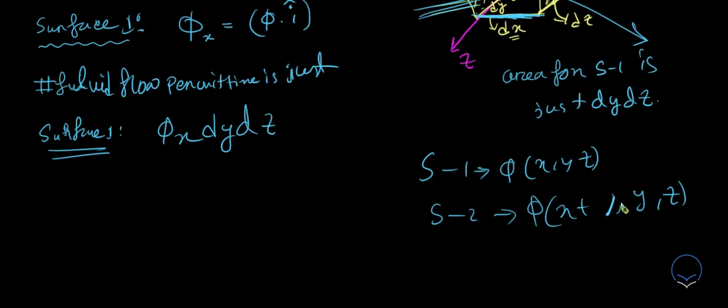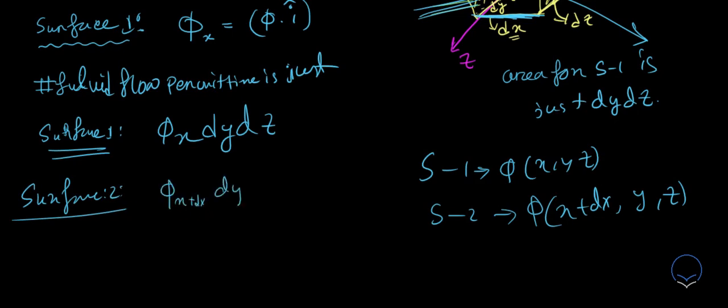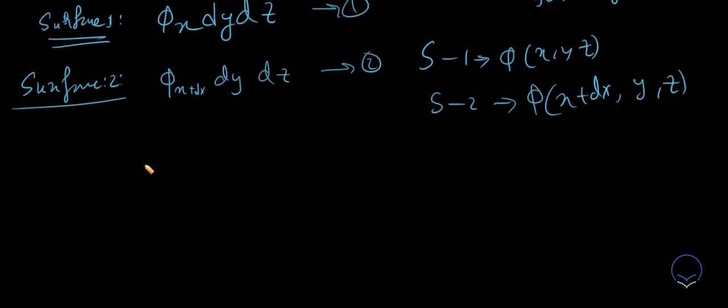The y and z coordinates are not changing, so for surface 2 we have phi of x plus dx times dy dz, right? And now we want to take the difference, and this difference is the thing we're requiring.